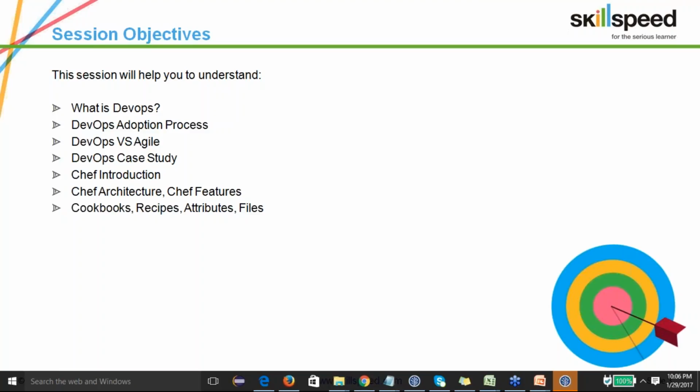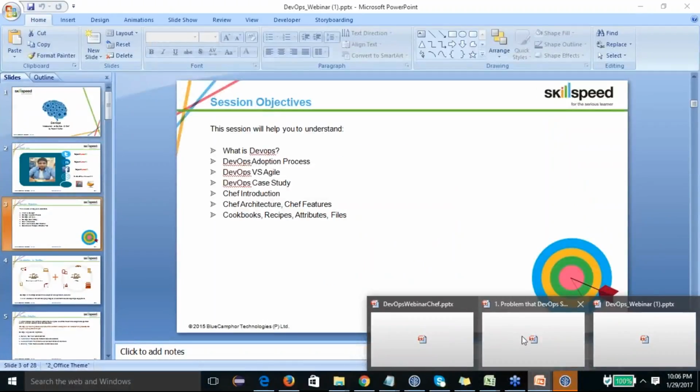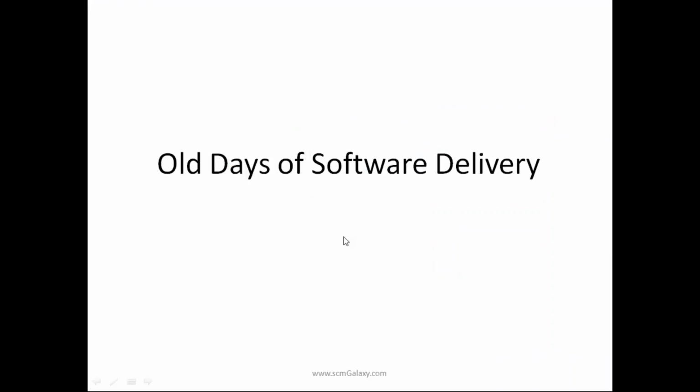In order to understand DevOps, the first thing we have to understand is the old days of software delivery. Probably you do a lot of Googling and find definitions of DevOps: DevOps is Dev plus Ops, or DevOps is a combination of Agile, CI, CD, and many more definitions floating on Google.